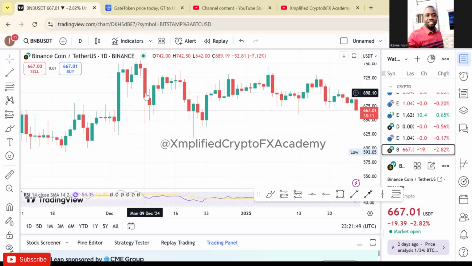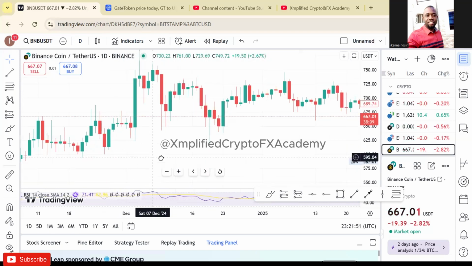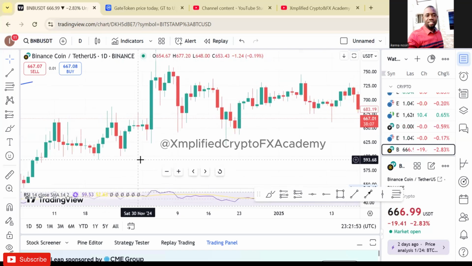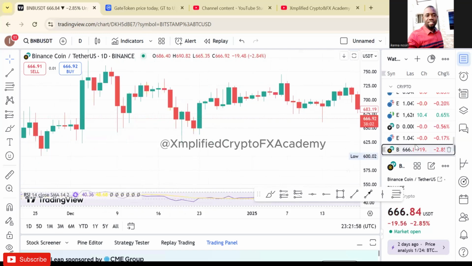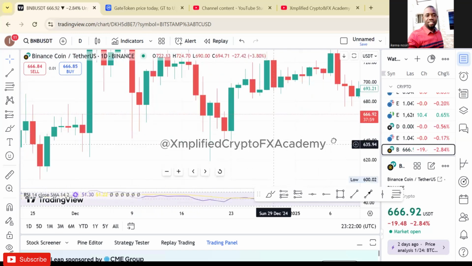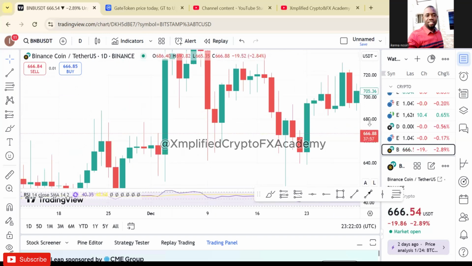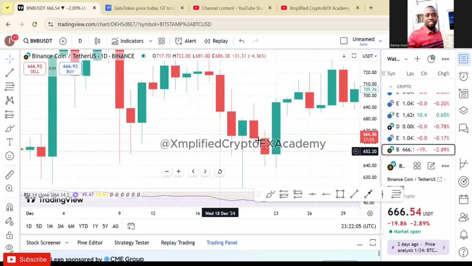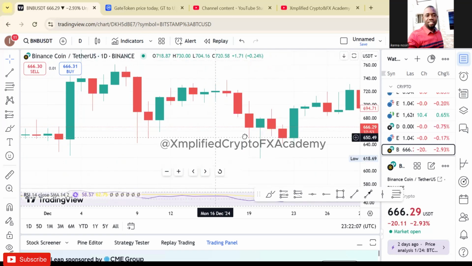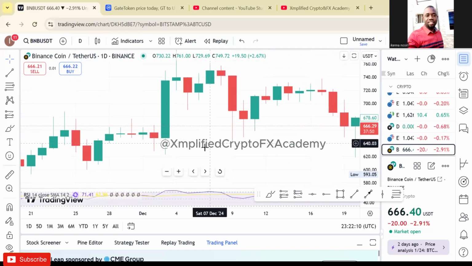So let's read more about this candle. I want to zoom in. Remember what I said, that a candle has a body and a thread.